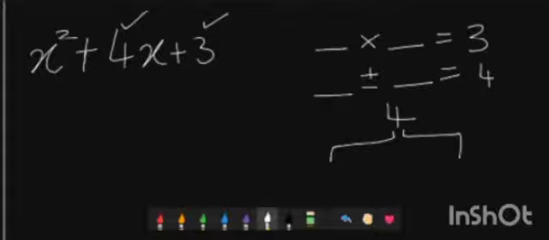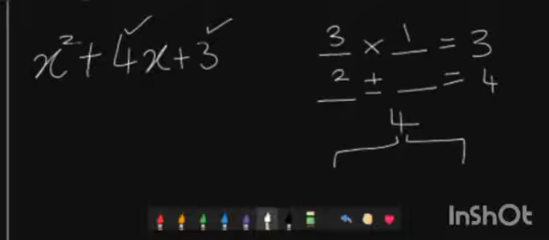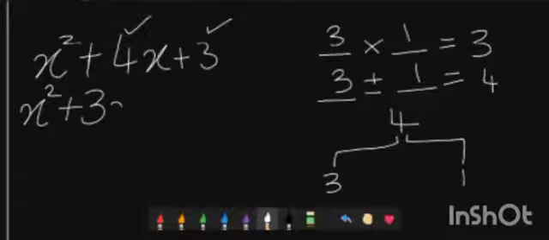We know that when we multiply 3 with 1, we get 3, and when we add 3 and 1 together, we get 4. So it means that when we break 4, we get 3 and 1. Now let's put these numbers into the expression. We will get x squared plus, the greater number will come first, so 3x plus 1x plus 3.